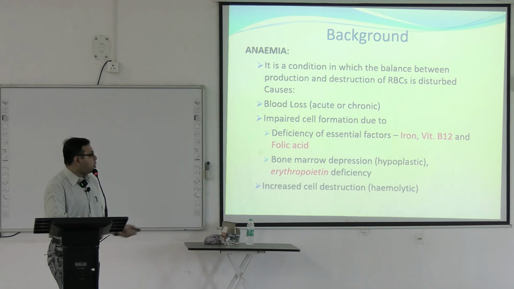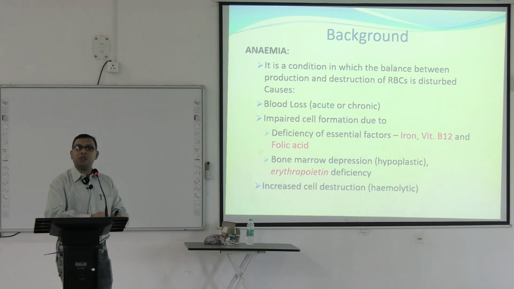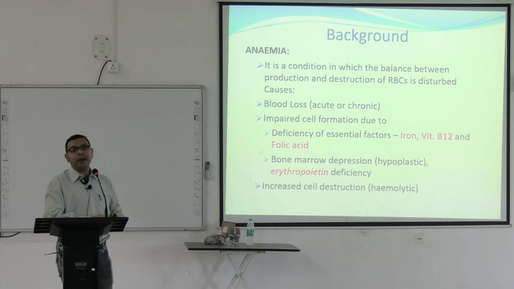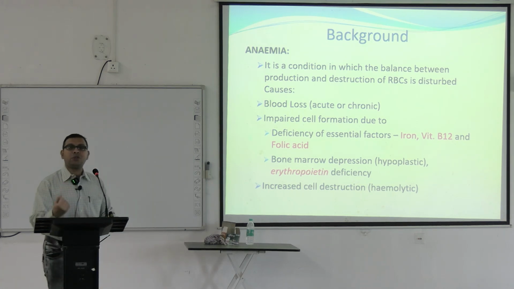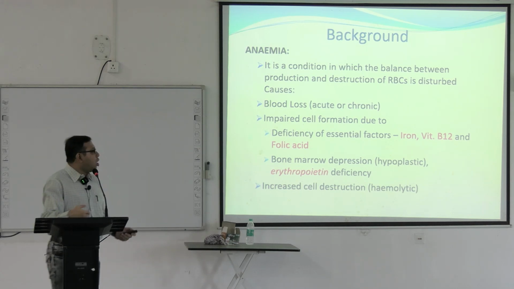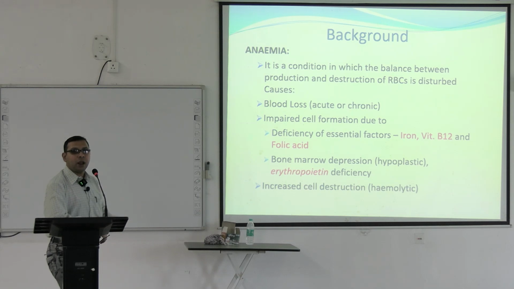Bone marrow depression, hypoplastic, or erythropoietin deficiency can also lead to anemia. Bone marrow depression may happen due to some diseases, medications, cancers, etc. And increased cell destruction, hemolytic anemia: cells can be destroyed more, which can also happen due to different types of diseases.